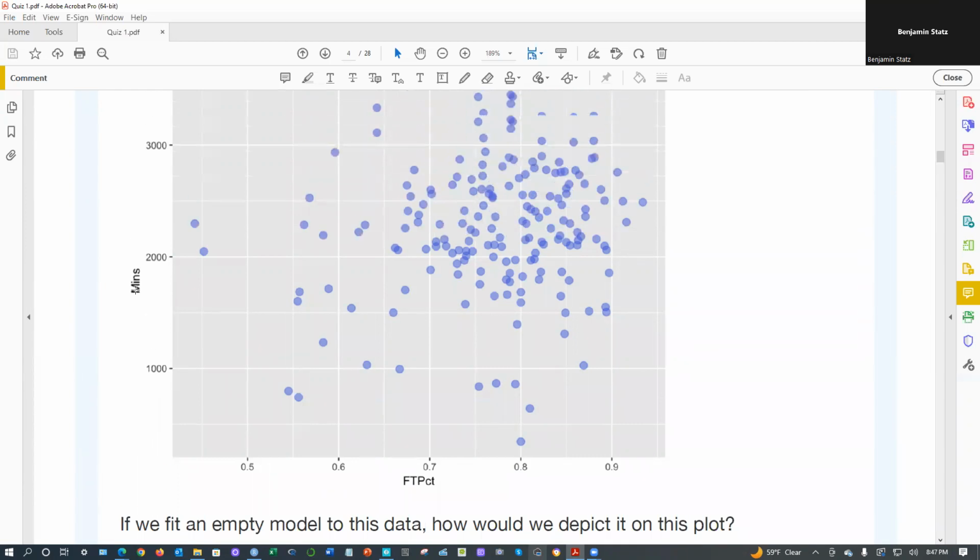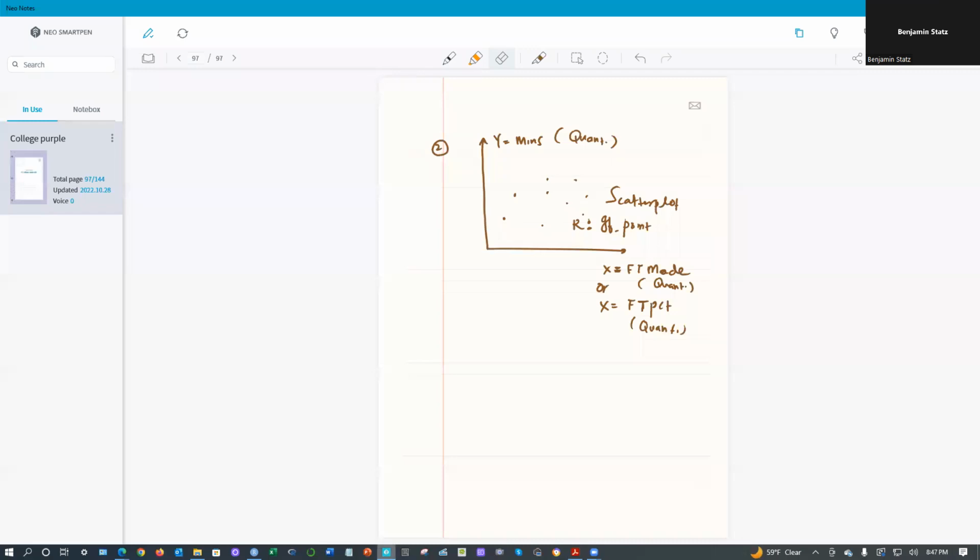You know how that should be. Minutes versus FTPCT. Here your Y is minutes and this is X. So you have a scatter plot.